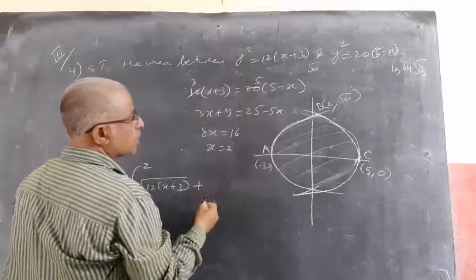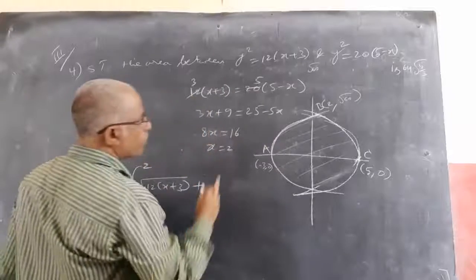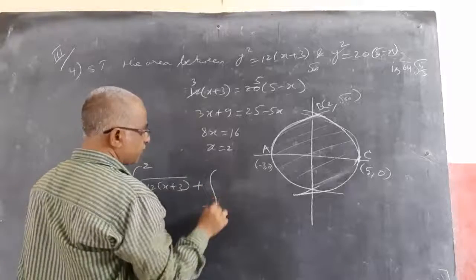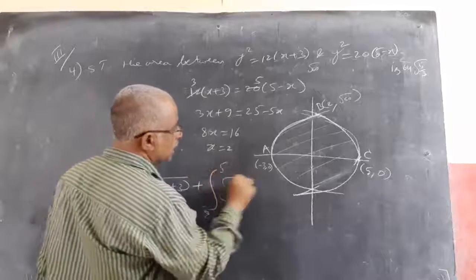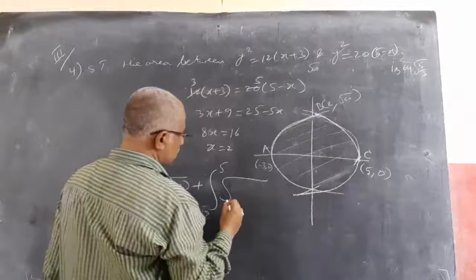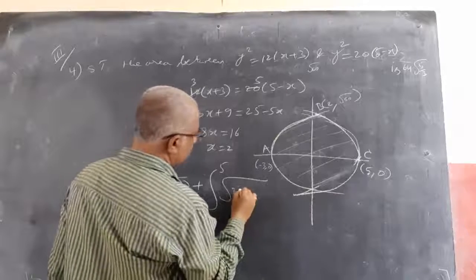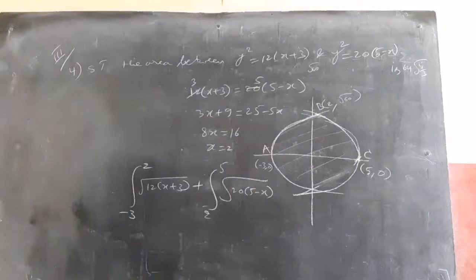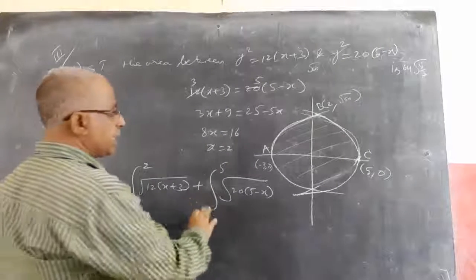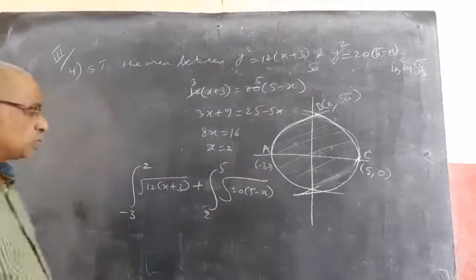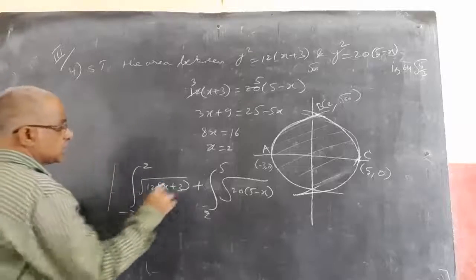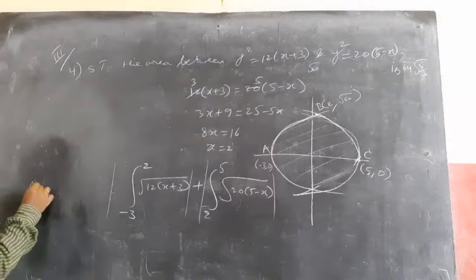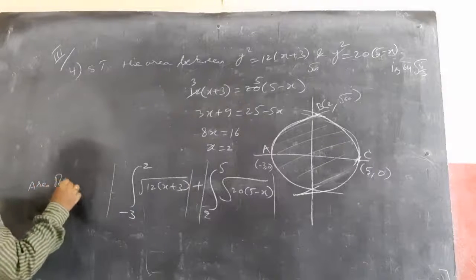Plus from 2 to 5, limits from 2 to 5, the curve is this curve, that is root of 20 into 5 minus x. So A to B, from B to C, two areas are going to be found. This area plus this area gives me the area of ABC.